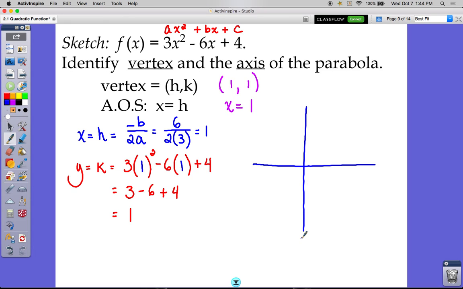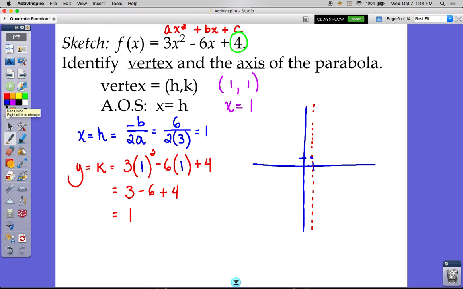So now I know my vertex is at positive 1, positive 1. I know my axis of symmetry is going to go right through that point. It's going to be a vertical line. Then I know a couple other things here. First of all, I know the c value. C is equal to 4. That is my y-intercept.